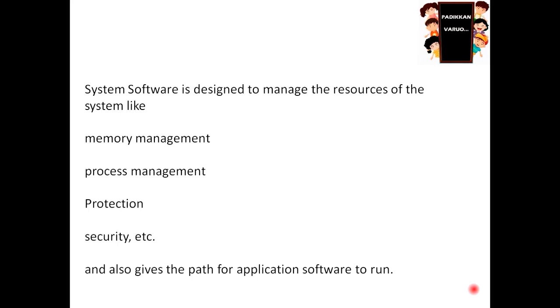Next, a system software is designed to manage the various system resources in a computer. The major task of a system software is to manage these activities. That is, proper memory management should be there. We can classify the memory of a system into two, that is internal memory and external memory, and a system software has to coordinate these two memories. Then process or processor management should be there.